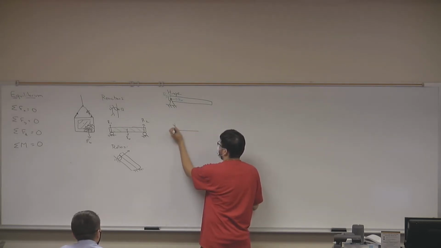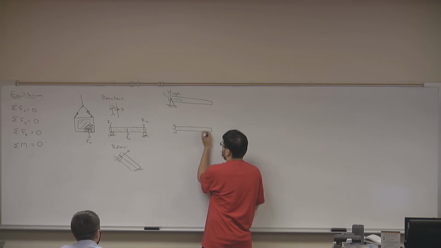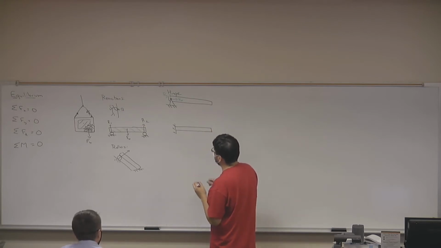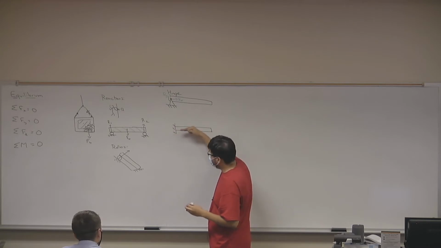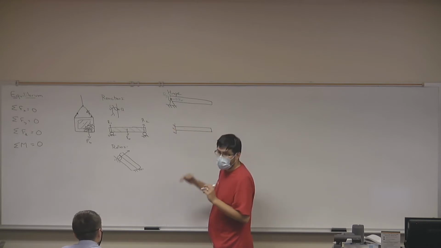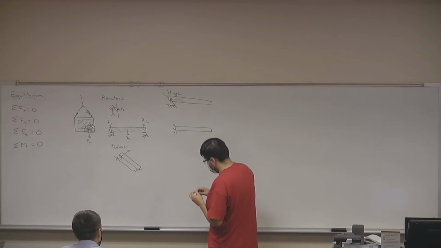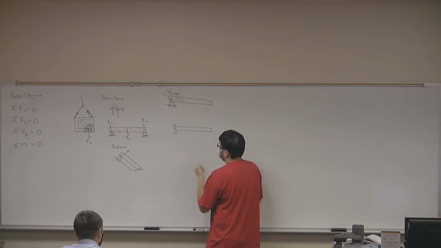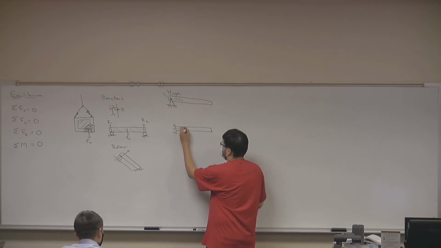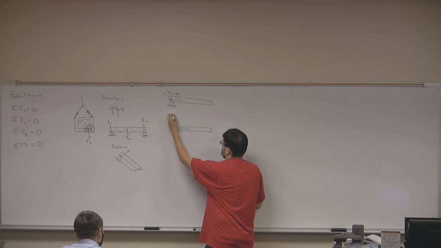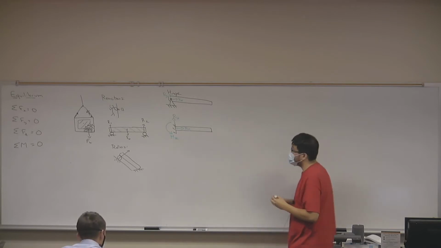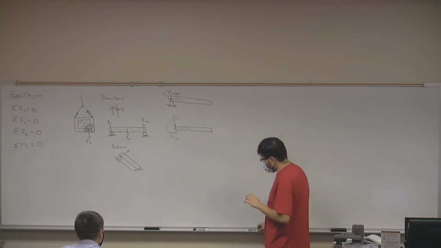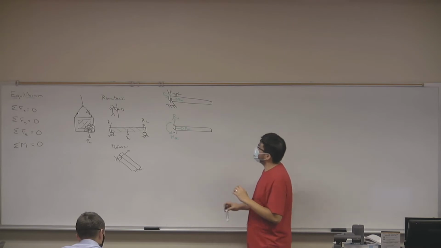Think of a beam being placed directly into a wall. A fixed support will be one that prevents any linear movement and prevents any rotation. Which means that my fixed supports are going to provide not only an X and a Y reaction, but also a moment reaction.